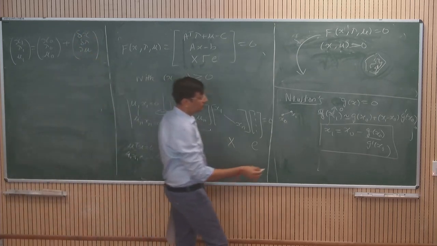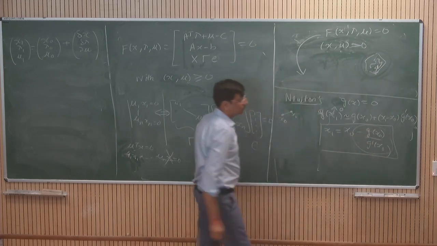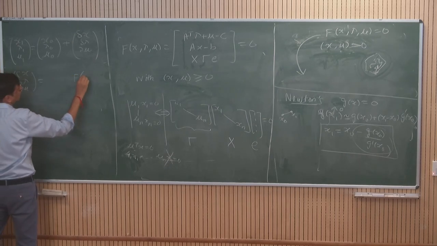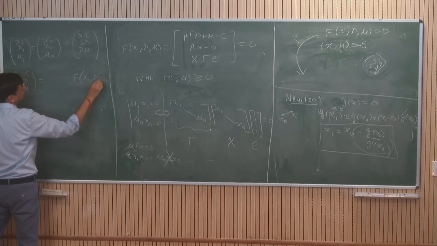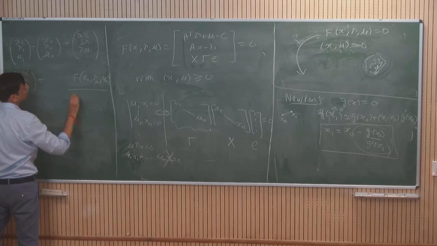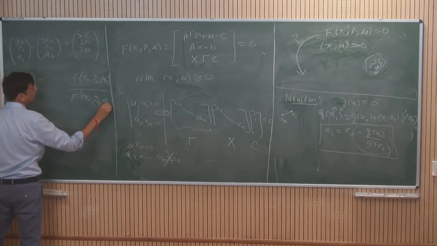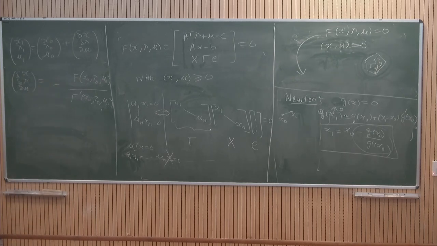This is your delta, correct? So what is your delta x, delta lambda, comma delta mu? Should I write this? Correct? How is it correct?